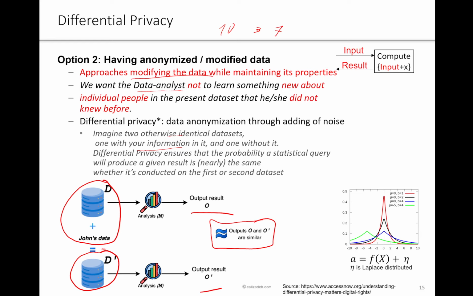Because if you cannot tell whether data is inside, it cannot be personally identifiable, because personally identifiable information is only personally identifiable if you can say for certain that person is there. But if the probability that the person is inside or not the database is equal, you will not be able to make a claim that that person is inside.